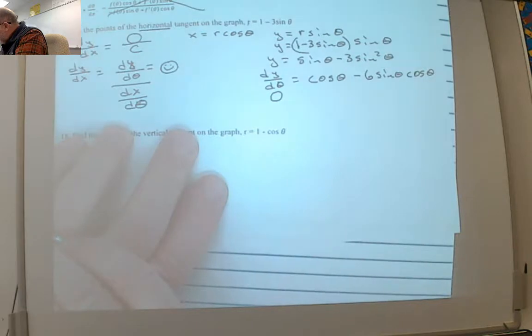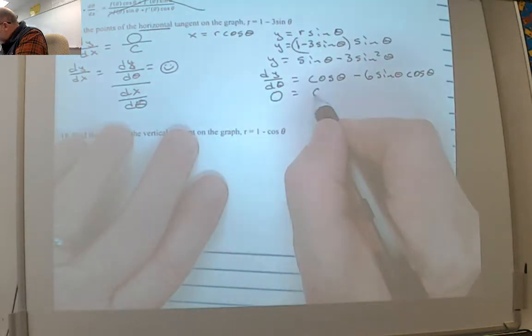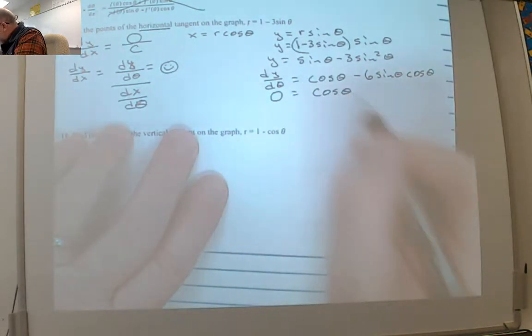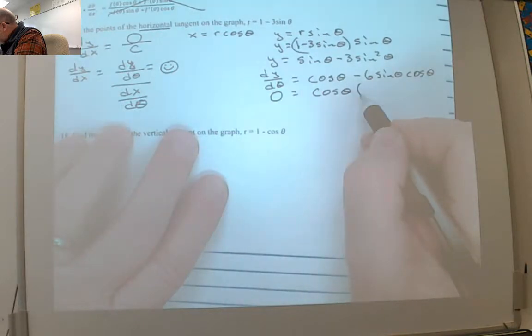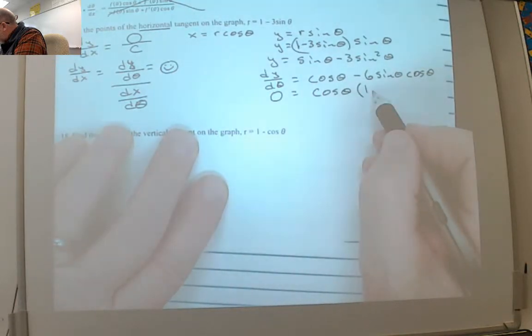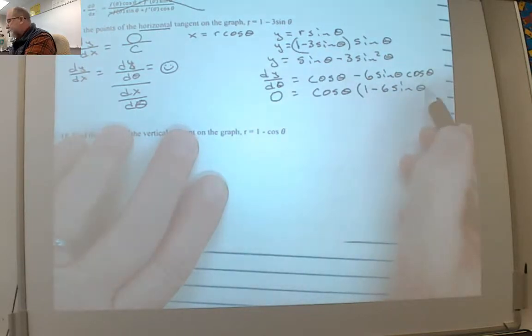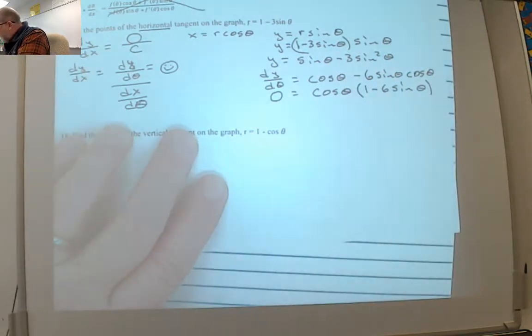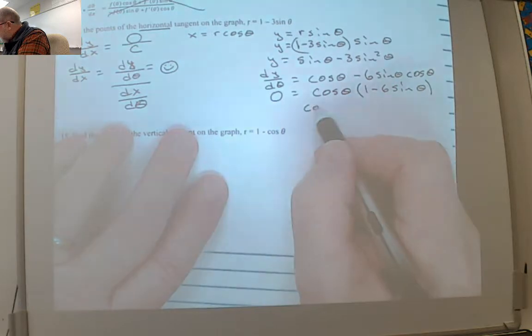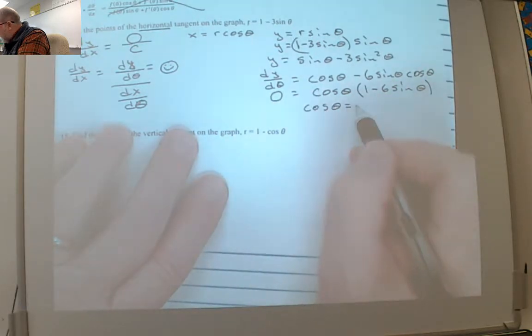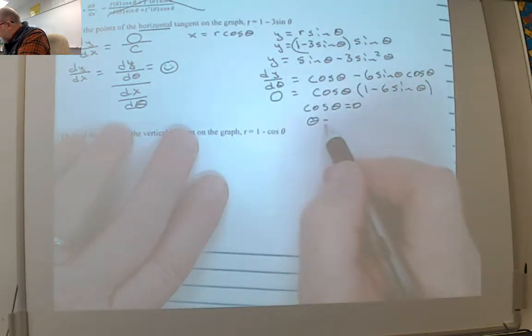I'm going to factor out a cosine, and I'm going to have 1 minus 6 sine of theta. I'm going to let the cosine of theta equal 0, and theta is going to be pi over 2 and 3 pi over 2.